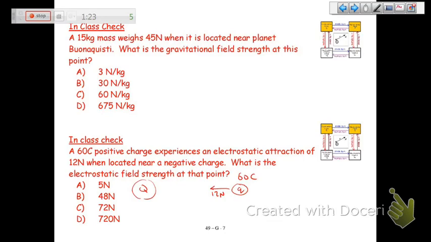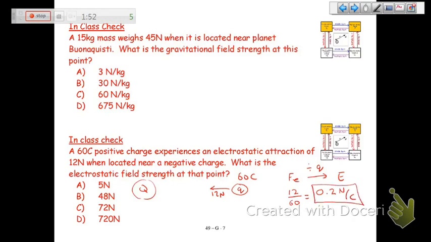And what I realize, of course, is that if I want to go from a force to a field, I've got to divide by little q. So my force was 12 newtons divided by my q, 60, which is 1/5, which is 0.2 newtons per coulomb.